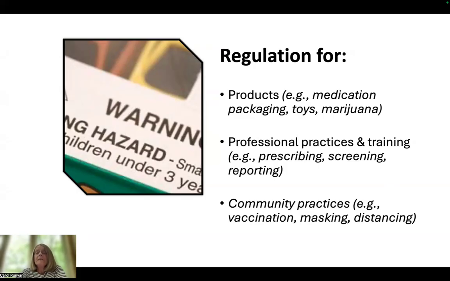We also regulate professional practices and training, prescribing practices around opioids, for example, or when we screen for domestic violence or child maltreatment or other kinds of issues, and what sort of reporting we do if we discover when screening that there are guns in the homes, or that someone is suicidal, or that there's abuse going on. We also regulate community practices.